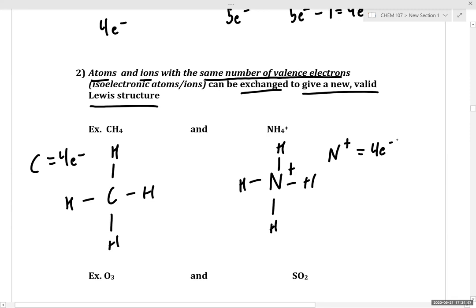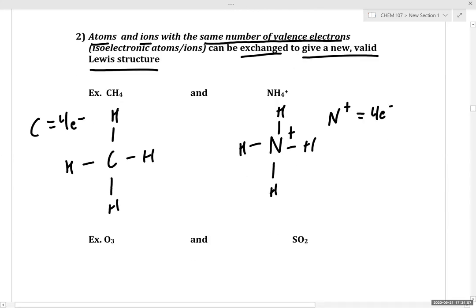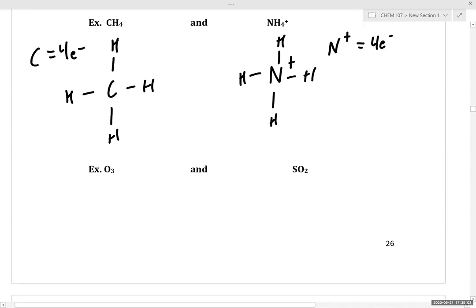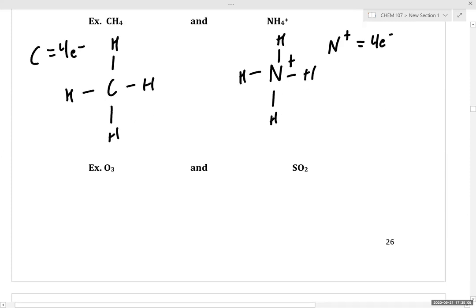So this is a method to quickly draw Lewis structures, drawing from the pool of structures that you have already drawn and are already familiar with. It's a method of building on your previous structural knowledge. We've actually seen this also in an example with ozone and sulfur dioxide.